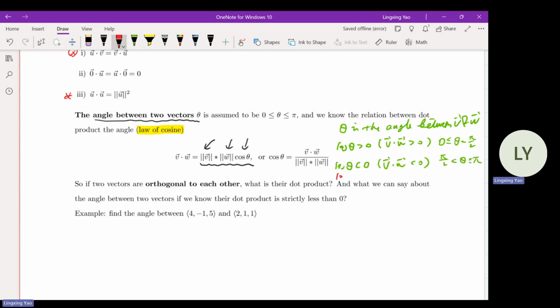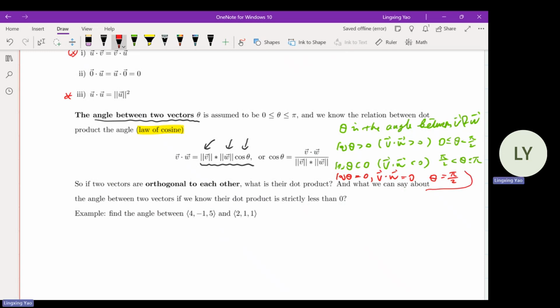So what happens if the cosine theta, where theta is the angle between those two vectors, is exactly 0? In that case, the dot product of those two vectors, v and w, will be 0, and the angle theta will be pi over 2.